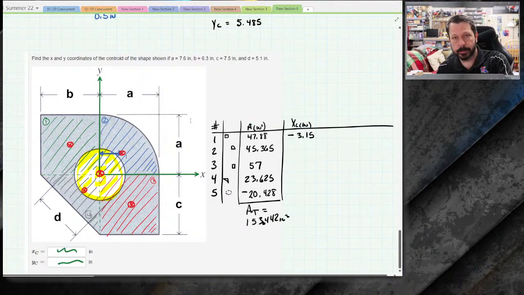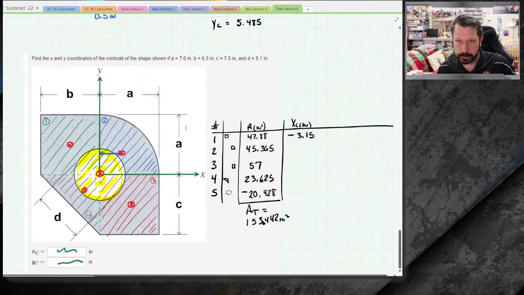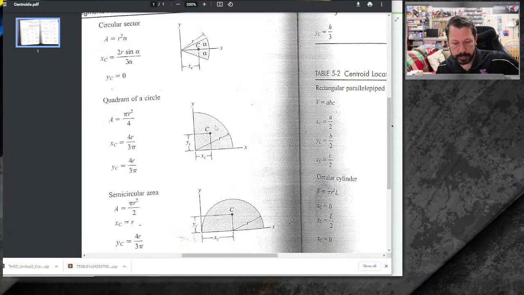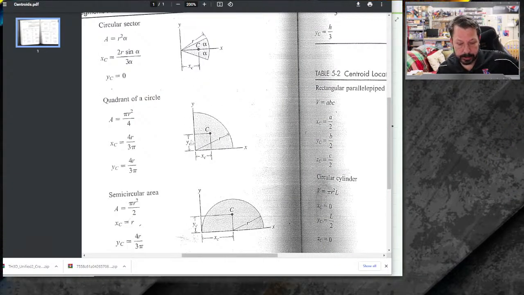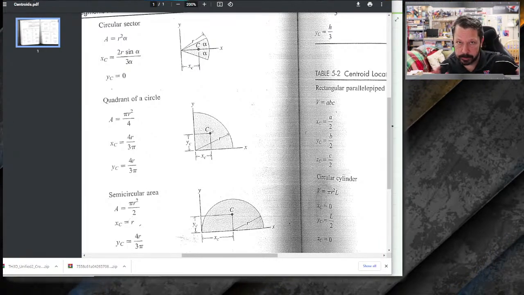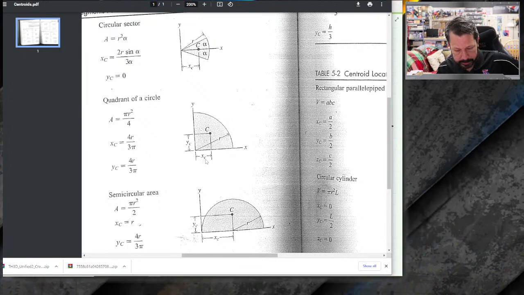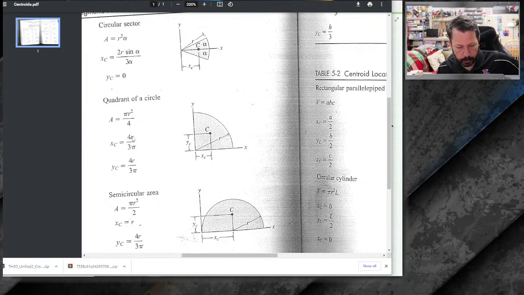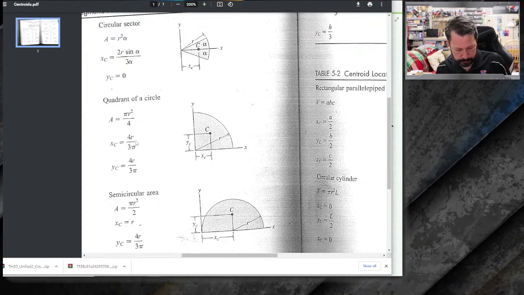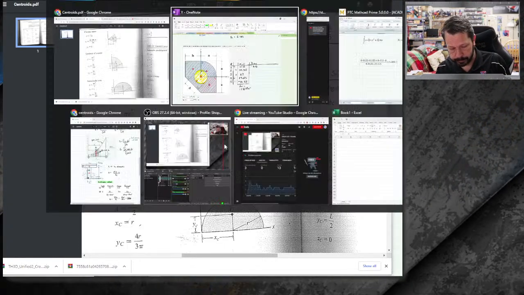What goes in this chart on the screen right now is the distance between the reference axis and the centroid. What's on here is the distance between this axis, which is shown on this picture, and the centroid. So sometimes you have to rethink what these equations are telling you. But here, that distance is labeled xc, 4r over 3 pi, where r is the radius of the quarter circle.